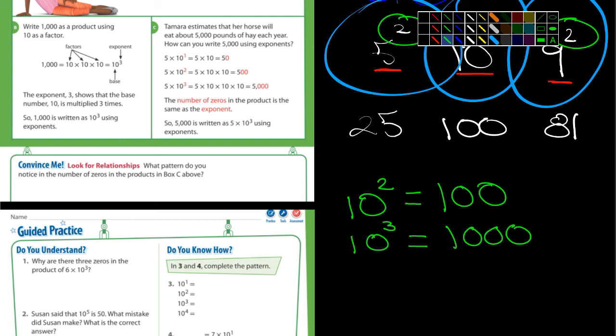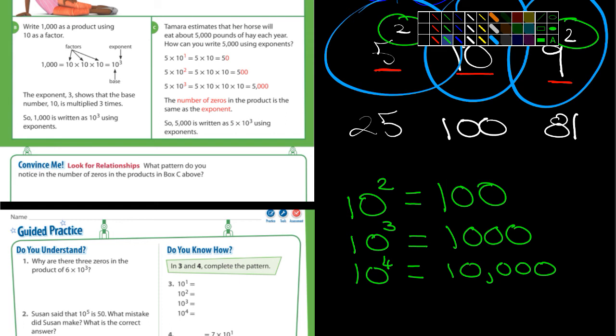And then I'm going to write 10 to the fourth. Now, shh. If you think you know what that number would be, raise your hand. If you think you know. Miss Guerin, do you think you know? 10,000. Yeah. And I'm going to write 10,000 here, and she's correct.